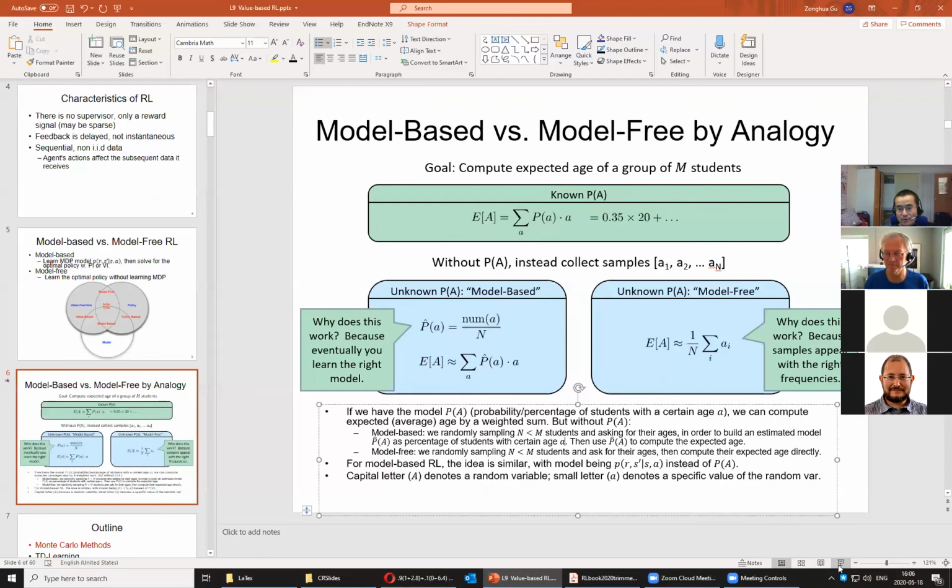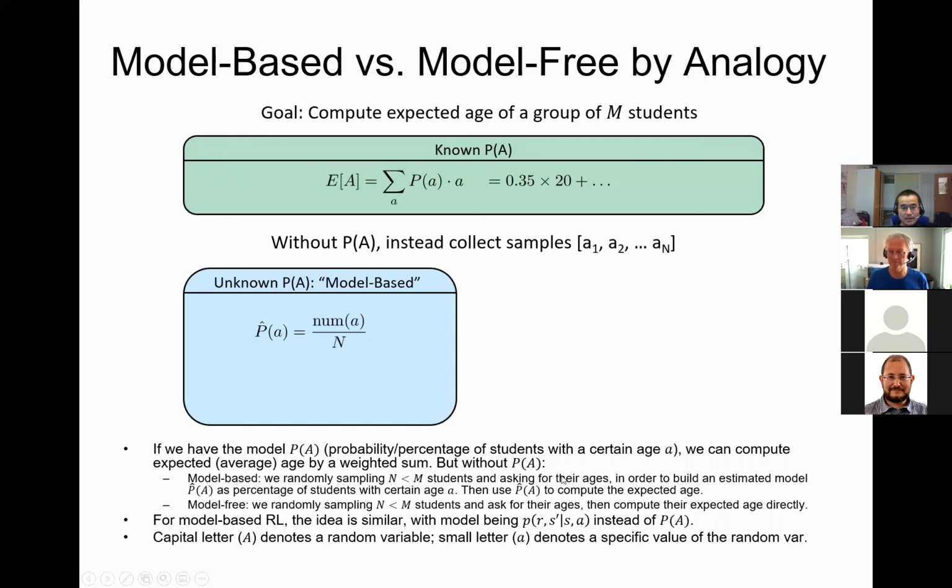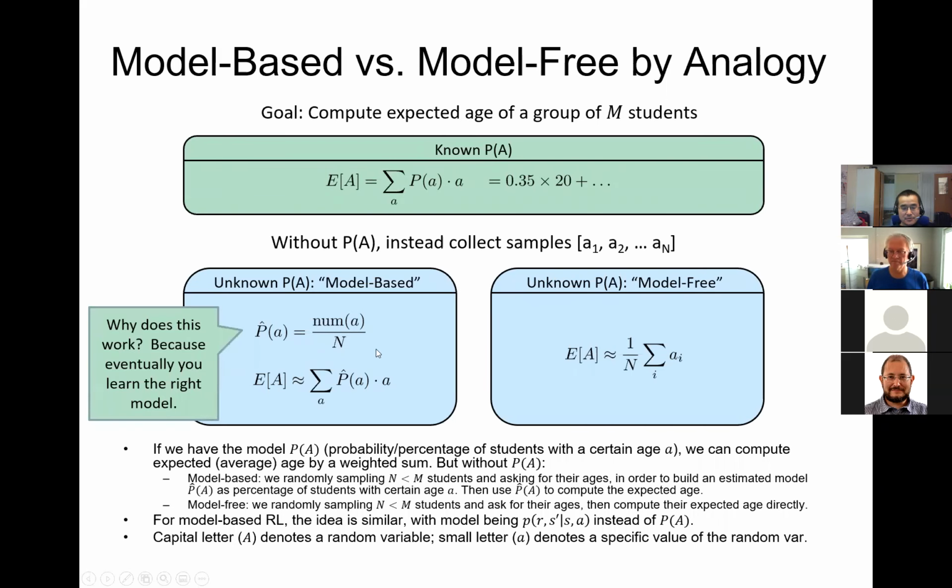If you sample n students and you get 50 students with age 21, then the probability of age 21 is 50 divided by n.